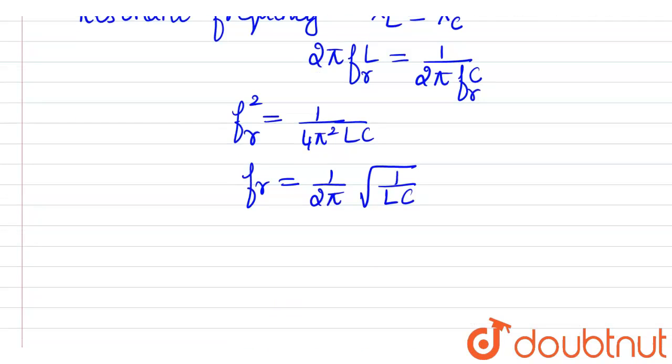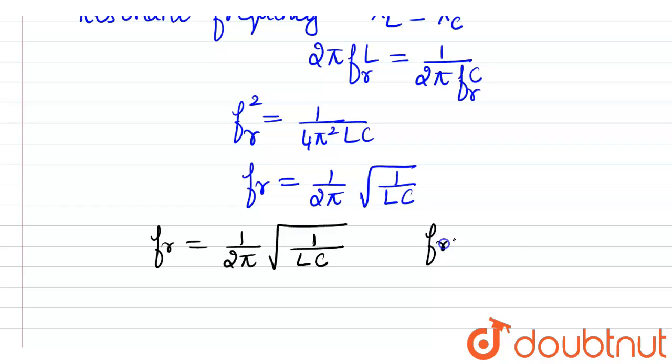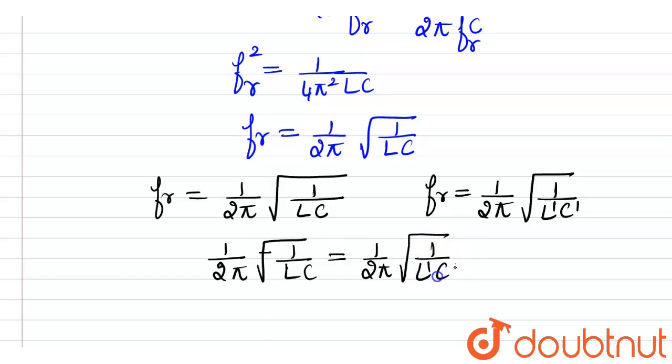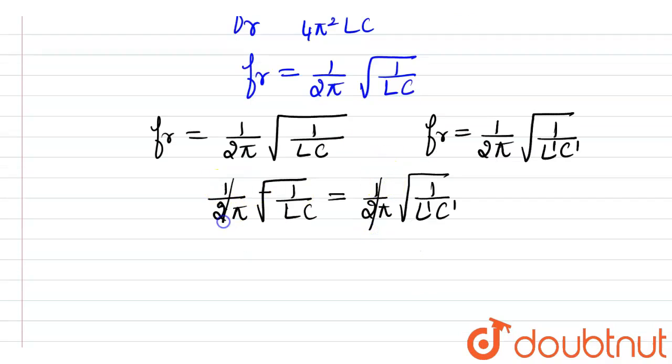Since frequency is remaining the same, FR is 1 by 2 pi under root 1 by LC, and it should be equal to 1 by 2 pi under root 1 by L dash C dash. Cancelling out the like terms, squaring on both sides, LC will be equal to L dash C dash.